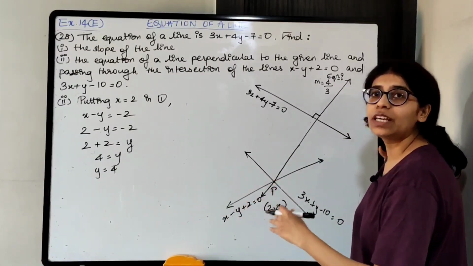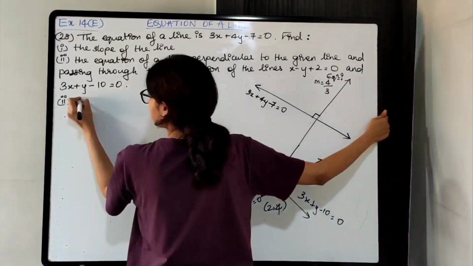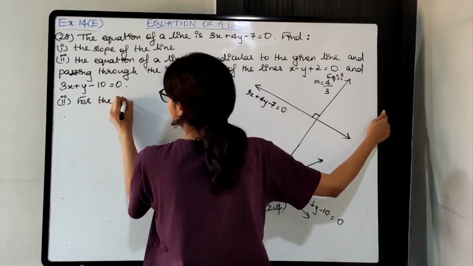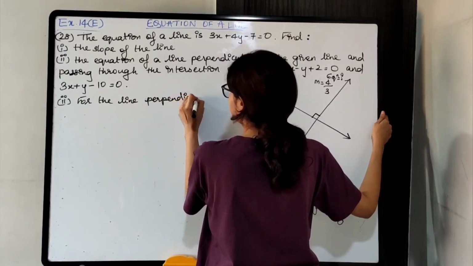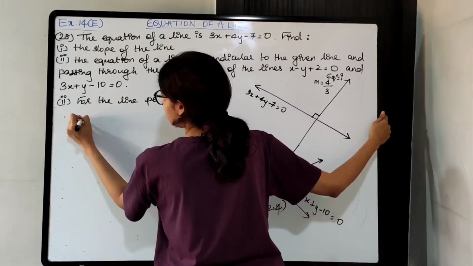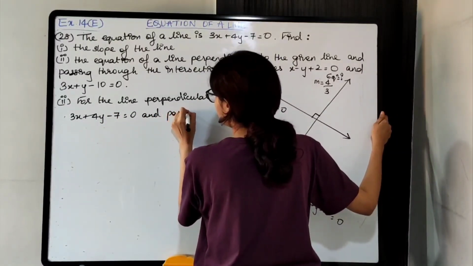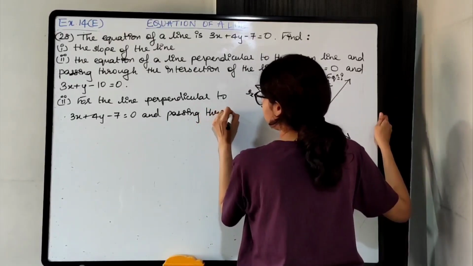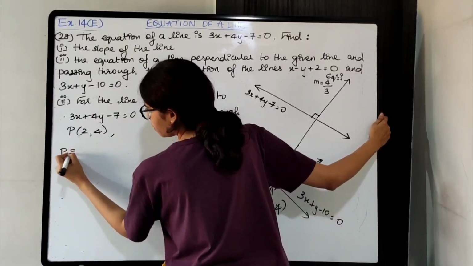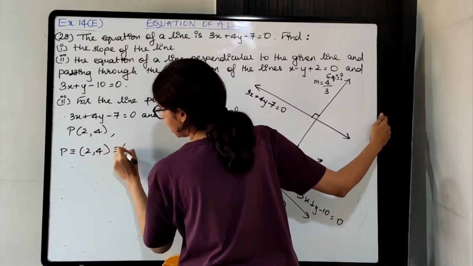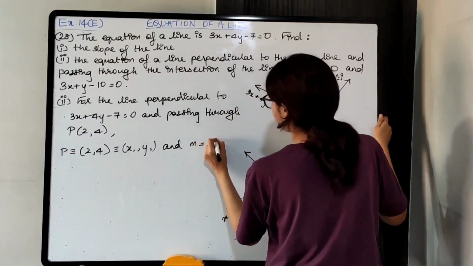Okay, now we have the coordinates, we have the slope of the line. Let us find out the equation of the line. For the line perpendicular to 3x plus 4y minus 7 equals to 0 and passing through P(2, 4), we'll take (2, 4) as x1, y1 and m we have 4/3.